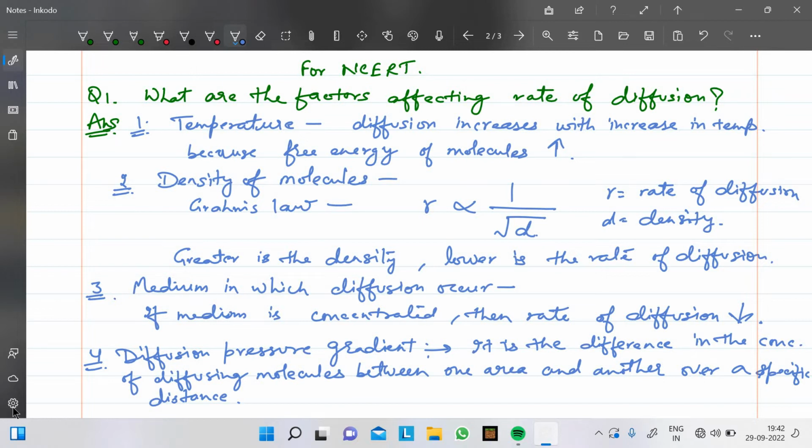So what is the relation? The steeper the gradient, the faster the rate of diffusion. So these are the four factors which affect the rate of diffusion. Clear?